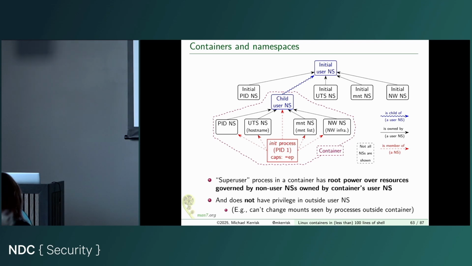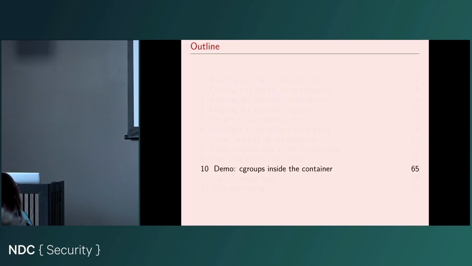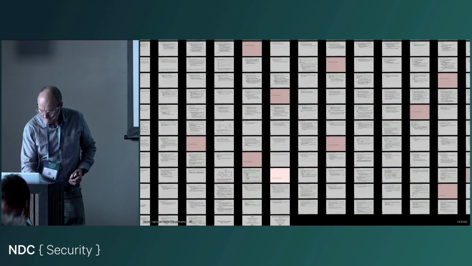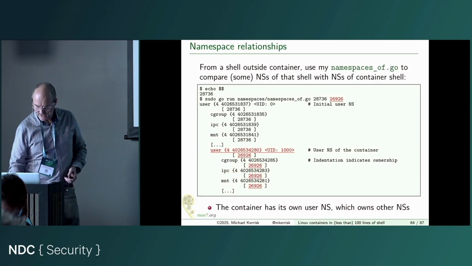And our init process is a member of all of those namespaces. I haven't shown all the namespaces because I don't have enough space on the slide, but that's the arrangement that we have.